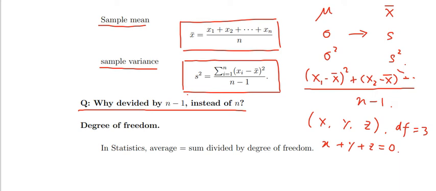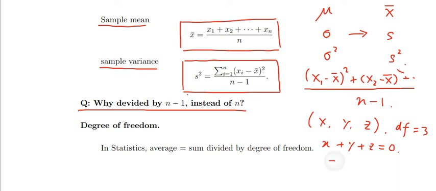Okay, so then these three numbers have some relationship, right? Not independent. Here, let's say if x and y are determined, then z has no freedom.